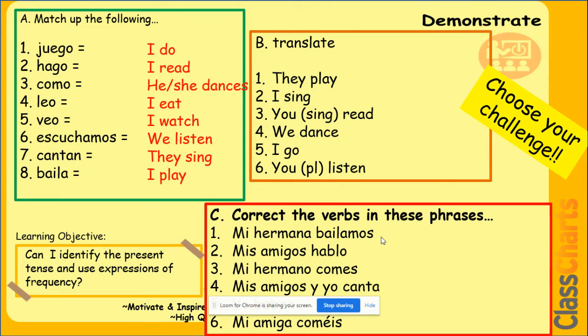In the second activity, you have to translate those 6 sentences. And in the third activity, all 6 sentences are wrong, and you need to find what's wrong with them. So I'm going to ask you to put the video on stop again, try to complete your activity, and when you finish, you carry on playing the video and you'll have the answers for the 3 challenges.